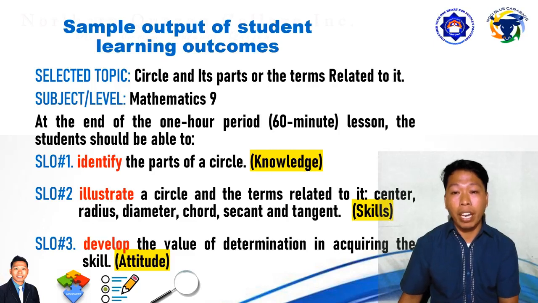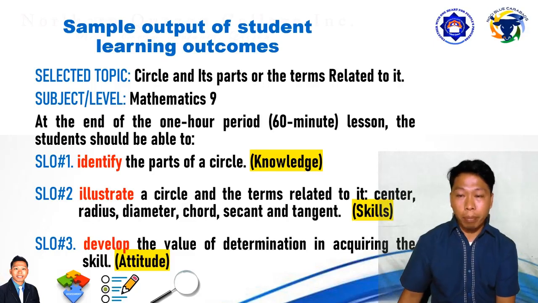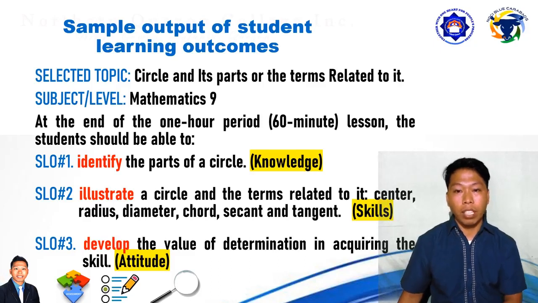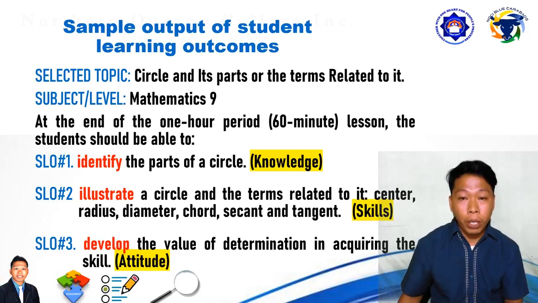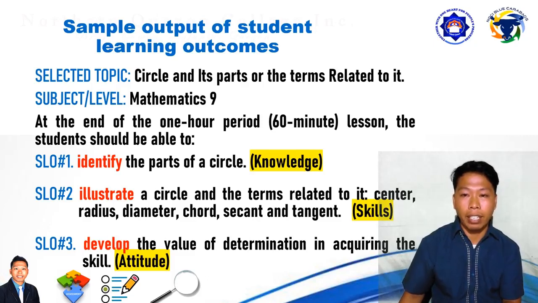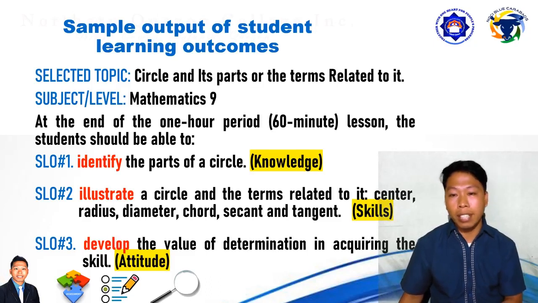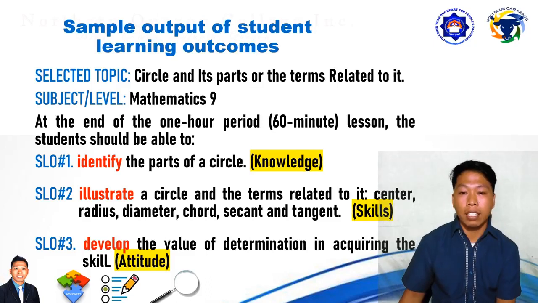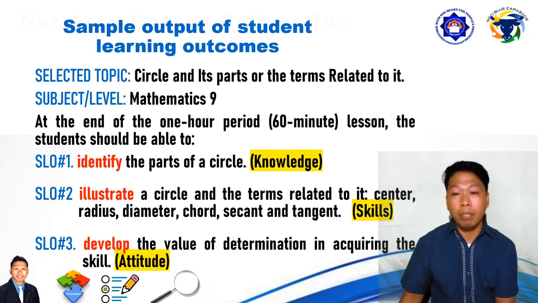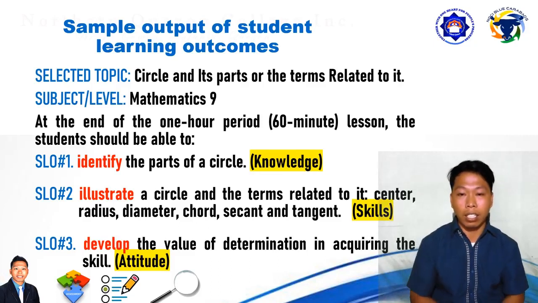At the end of the 1-hour period or 60-minute lesson, the student should be able to: first, identify the parts of a circle. Number 2, illustrate a circle and the terms related to it: center, radius, diameter, chord, secant, and tangent. Number 3, develop the value of determination in acquiring the skill.